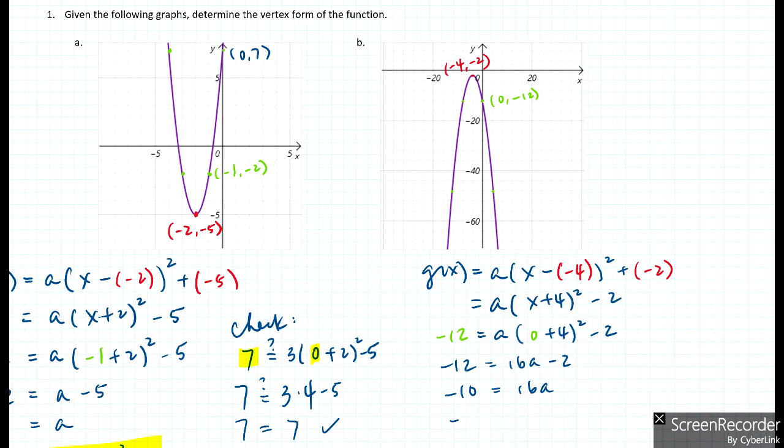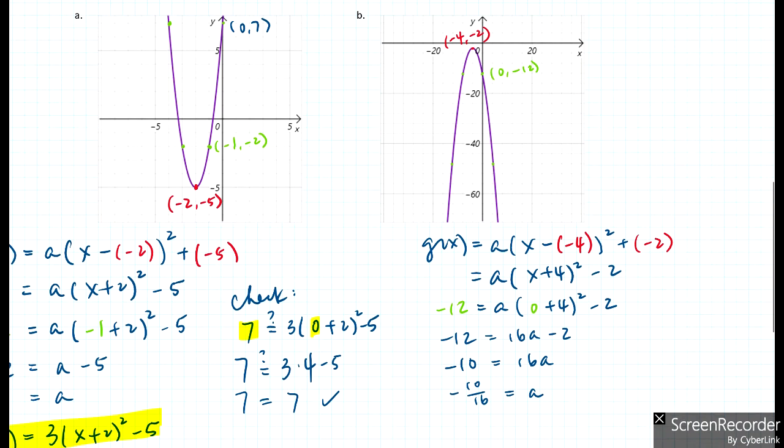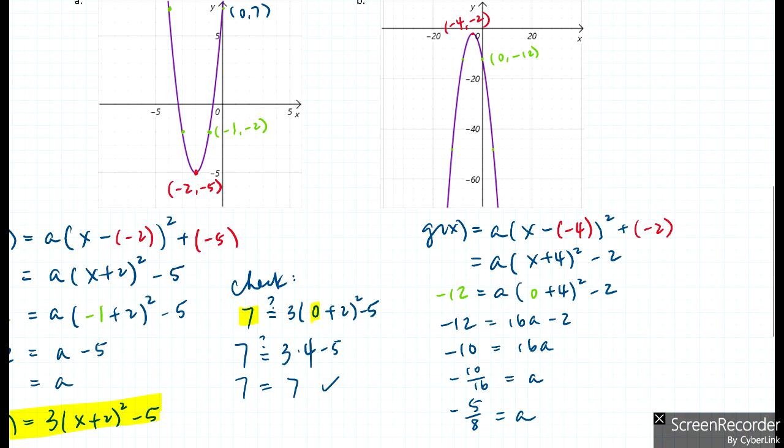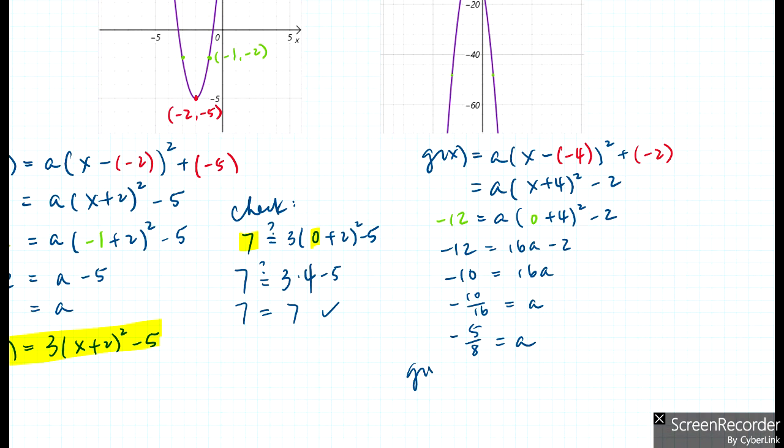So a is equal to negative 10 over 16, which we can reduce to get a is equal to negative 5 over 8. Our proposed solution is g of x equals negative 5/8 times x plus 4 squared minus 2.